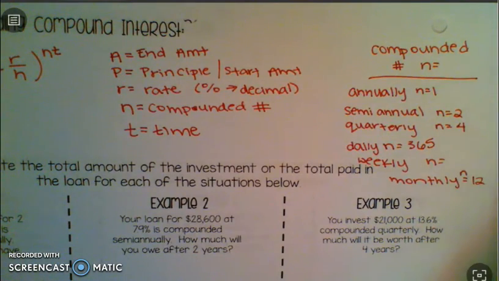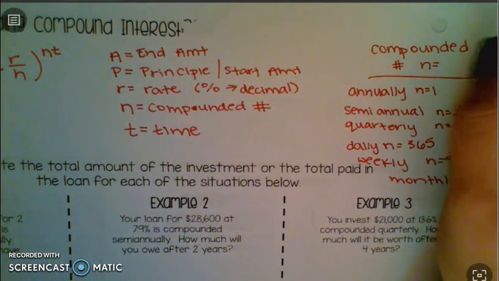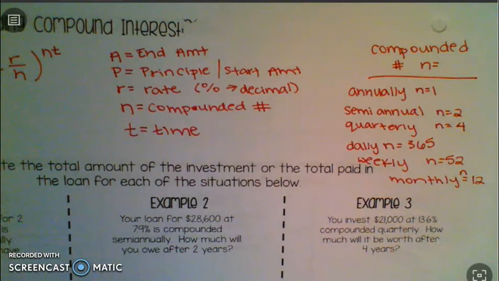Weekly, you have to know how many weeks there are in a year. There are 52 weeks in 1 year. So if you need anything I've written so far, make sure you pause the video so you can write it all down before we move on. Okay, let's go to example number 1.